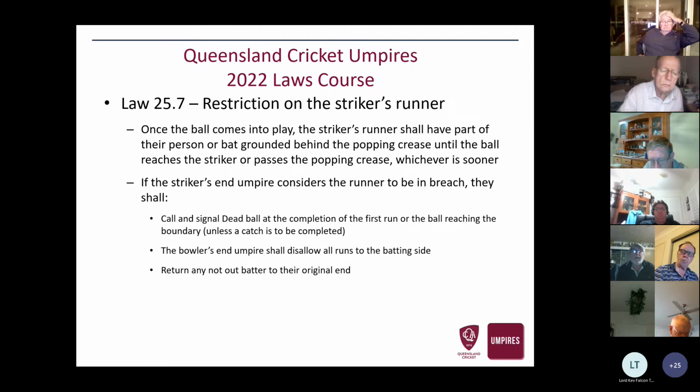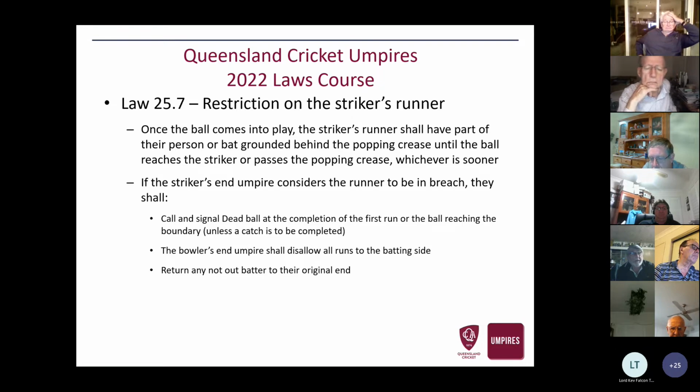Law 25.7 talks to the restrictions on the striker's runners. So once the ball comes into play, the striker's runner will always have part of their person or bat grounded behind the popping crease until the ball reaches the striker or passes the popping crease, whichever comes first. Similar to what we're talking about with the leg byes not awarded, if the runner is in contravention to this, we don't immediately call dead ball because the batting side have done something stupid.